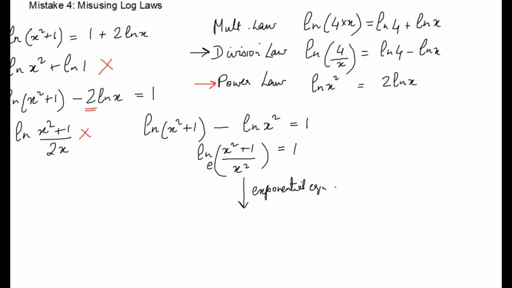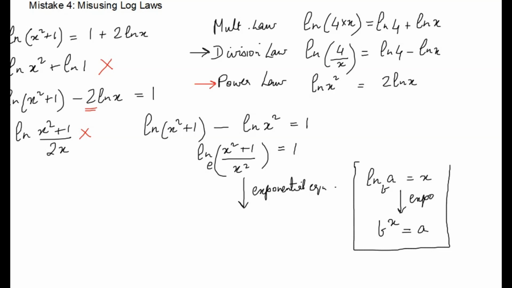And the formula for converting a log equation into an exponential equation is if you have log base b of a is equal to x, to convert it to an exponential equation, all you have to do is take the same base, raise it to the power x, and that is equal to a. Okay, this is how you convert from a log equation to an exponential equation, and vice versa. You can do it both ways.